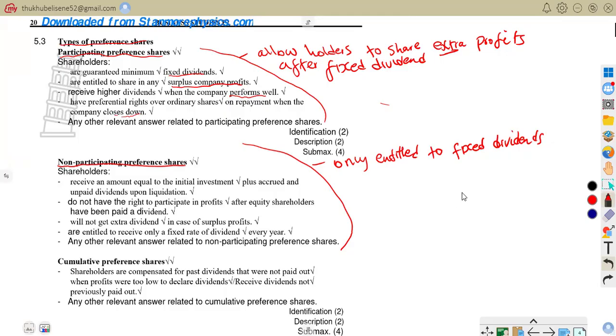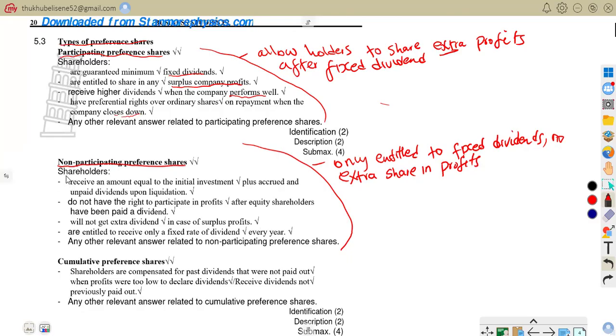There are no extra share in profits. That's what it means. So for example, a company pays 8% every year, nothing more. That is that. Nothing more.